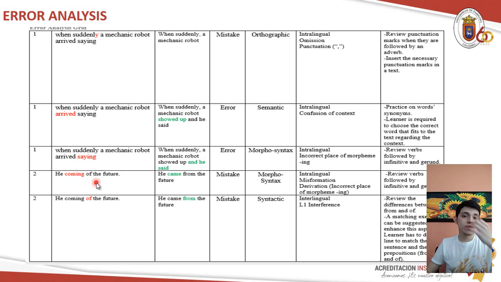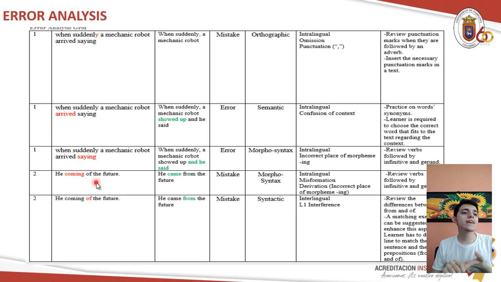And this is a mistake because he already knows how to use the past simple tense. And the classification of this error is intralingual misformation derivation, because he placed a morpheme -ing where it doesn't fit or doesn't belong. And remediation, I suggest to review verbs that are followed by infinitive and gerund.